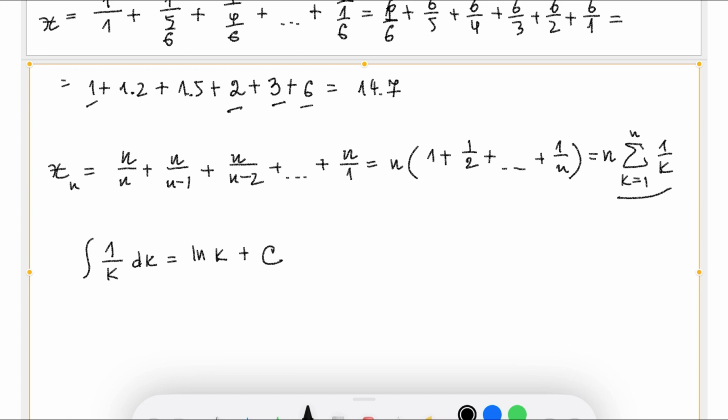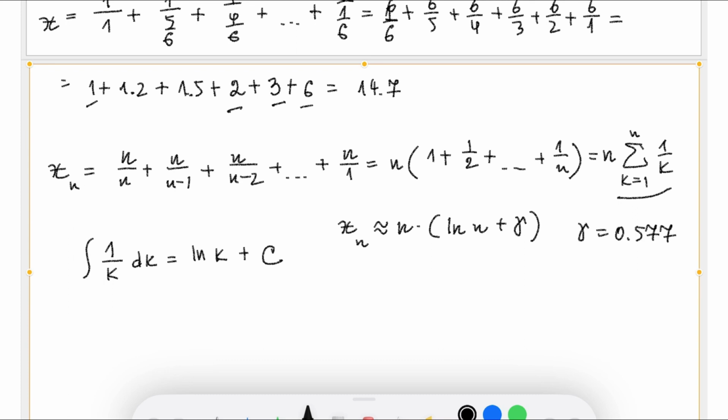Now, this is not the exact proof, but I just want to show you the intuition why in other solutions they approximate this sum to be n times, and the sum will be natural logarithm of n plus some constant, which they found out is 0.577.